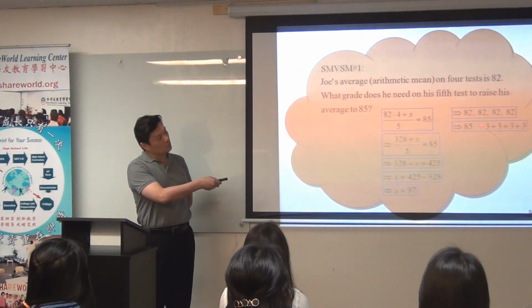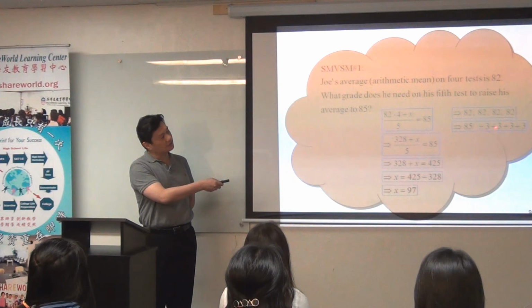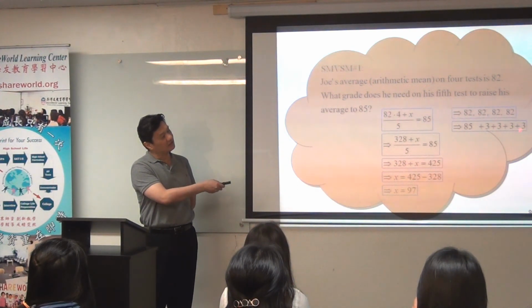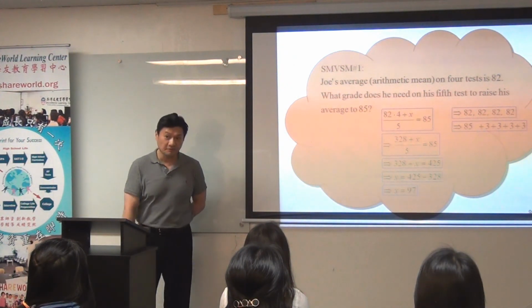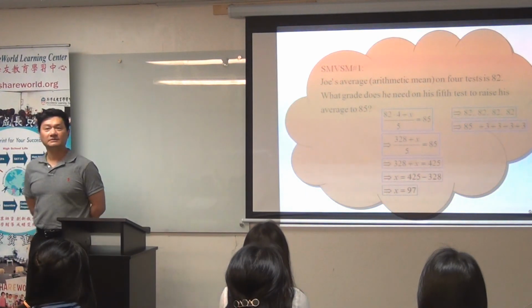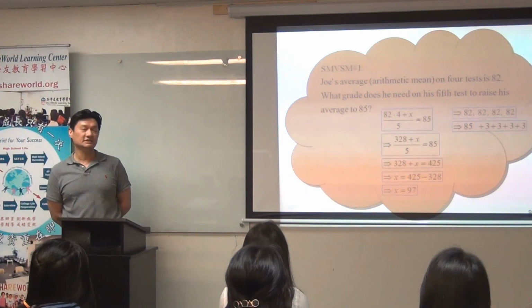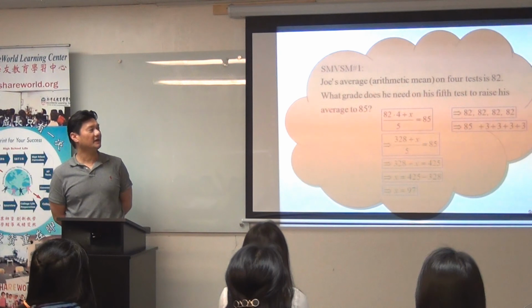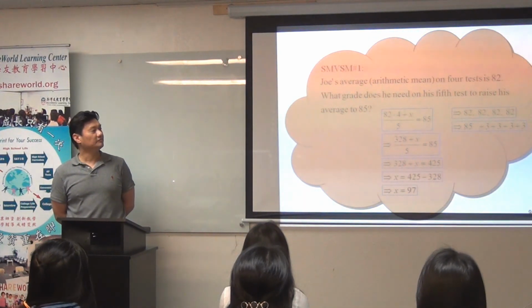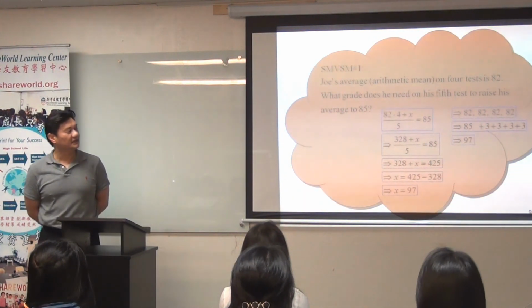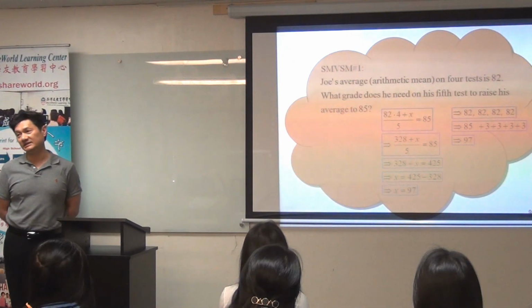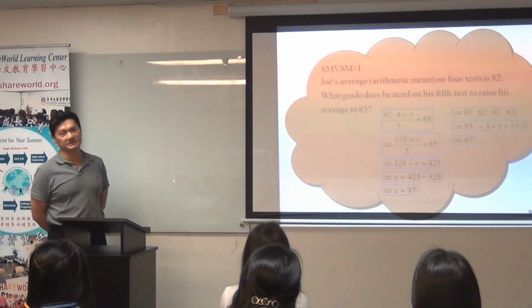You have to move 3 more points to cover this 82, 3 more points to cover the other 82, another 3 points, another 3 points. That's all you have to do, right? If you forgot how to do this, you can just do that, no problem. Add it back, right? So, based on the street math, you got a 97. The answers are identical. It doesn't matter which way you use, right?